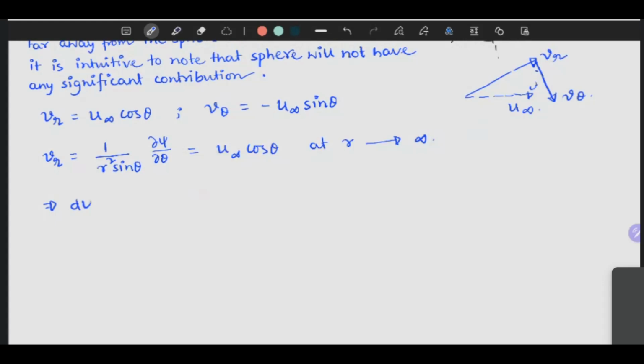From here you can get psi equals u infinity r square sin square theta by 2 into f2 theta. So this was 7, this was 8, this was 9.